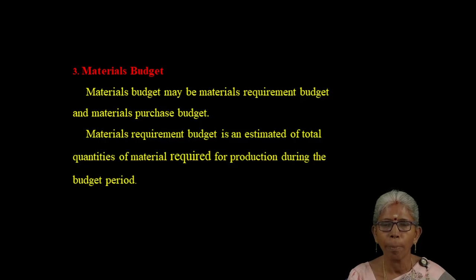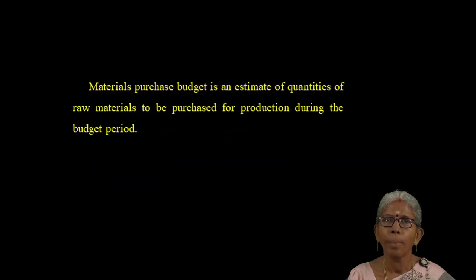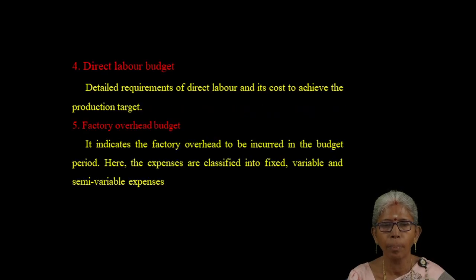The materials requirement budget is an estimate of total quantities of material required for production during the budget period. The materials purchase budget is an estimate of quantities of raw materials to be purchased for producing the product.